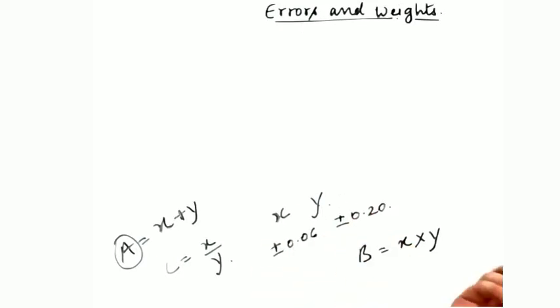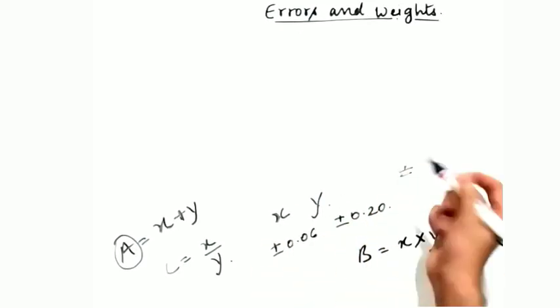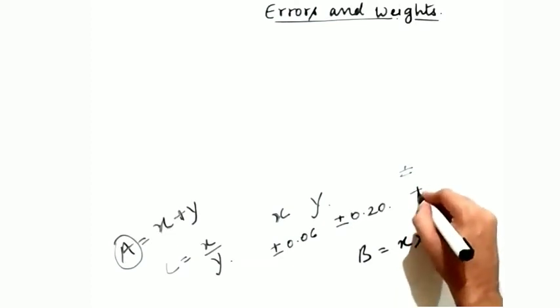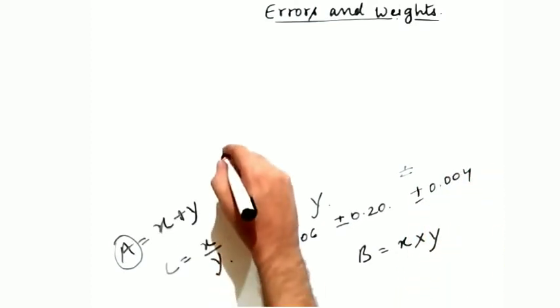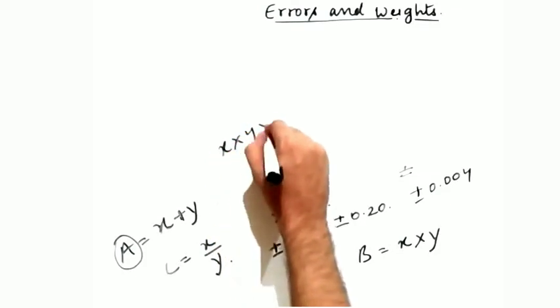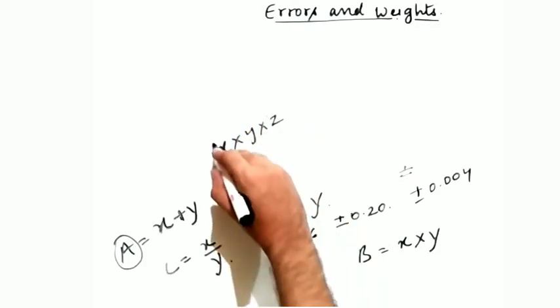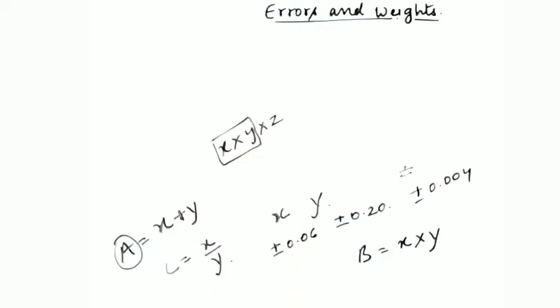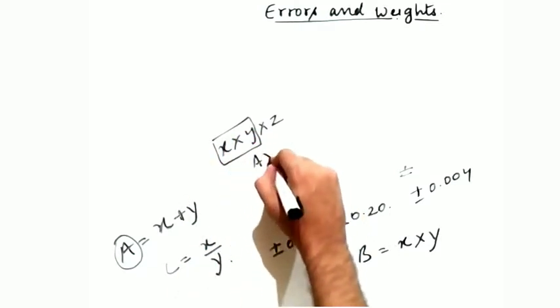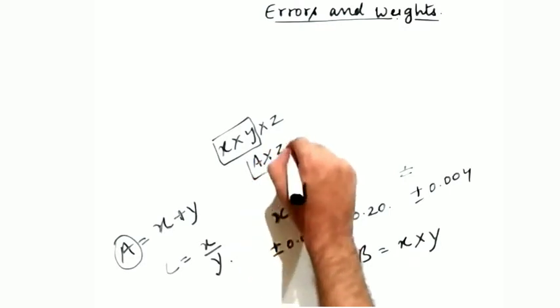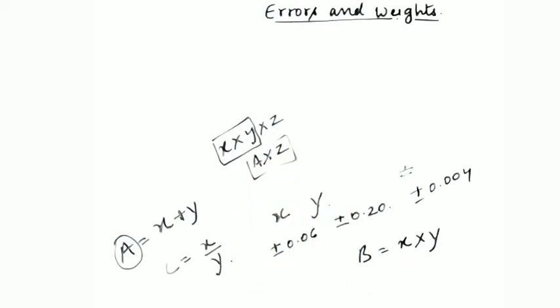Suppose there are three quantities x, y and z, and the error associated with z is say 0.004. Now if I ask you what is the error associated with x times y times z, first you will have to calculate the error associated with x times y, and suppose this is A, then you have to calculate the error associated with A times z. So this is how you break it into pieces.